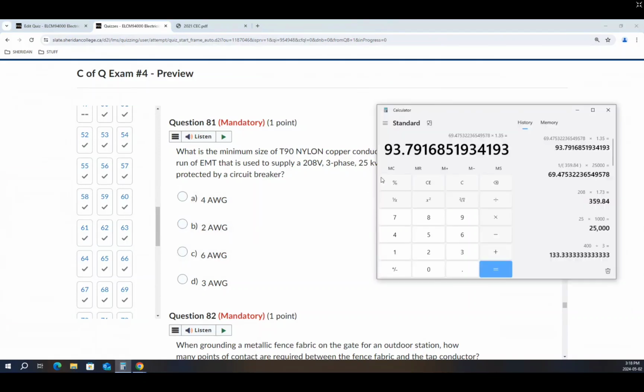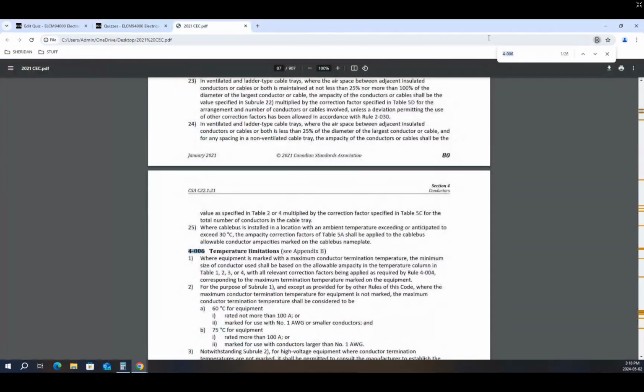So I've got that. So I got to go to table 2.